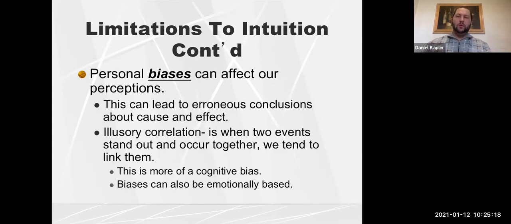And we know that personal biases can affect our perceptions, and our biases can lead to incorrect conclusions about cause and effect. So be careful with intuition. It could be a cognitive bias, it could be an emotional bias, but biases affect our judgments.